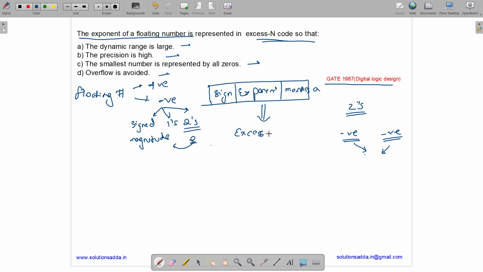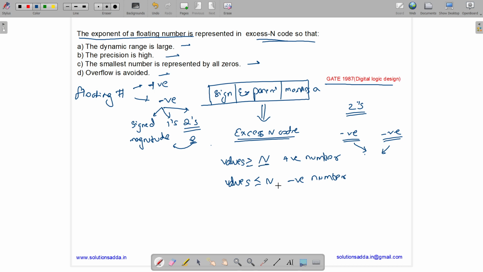So what excess code states is that we define a value n, and all the values greater than or equal to n will represent positive numbers, and all the values less than or equal to n will represent negative numbers.